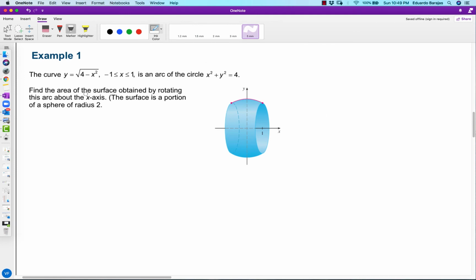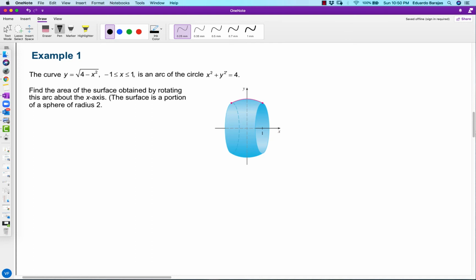Okay, so example 1: let the curve y equals the square root of 4 minus x squared be our function, and we're interested as x ranges from -1 to 1. So this is an arc of the circle x squared plus y squared equals 4, right? In other words, if we square both sides and add x squared to both sides, we end up with this equation.